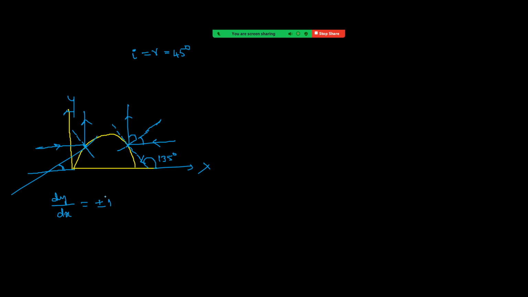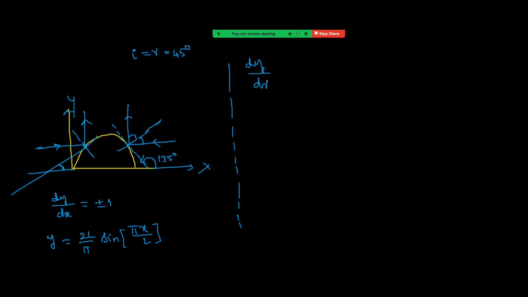And see how to get the slope. The given equation is y equal to 2l by pi sine pi x by l. Now differentiate this. Differentiate y with respect to x to get the slope.